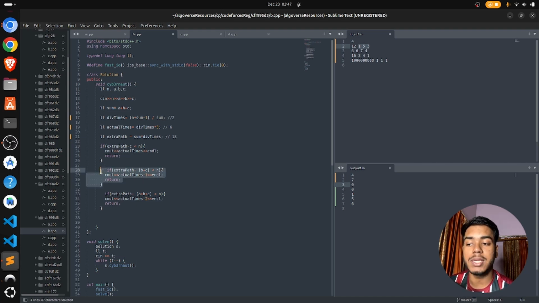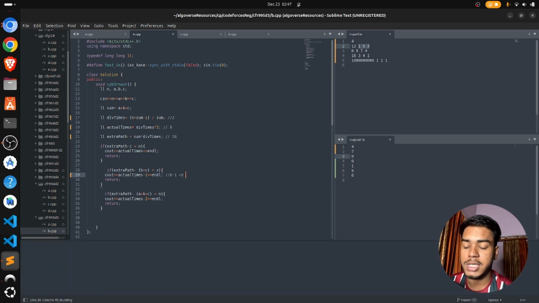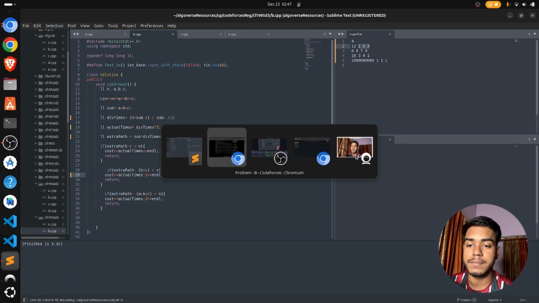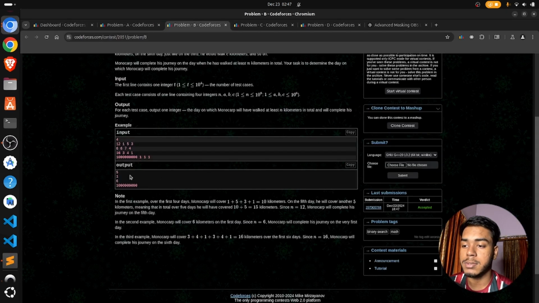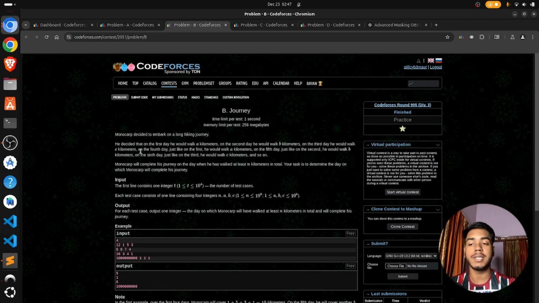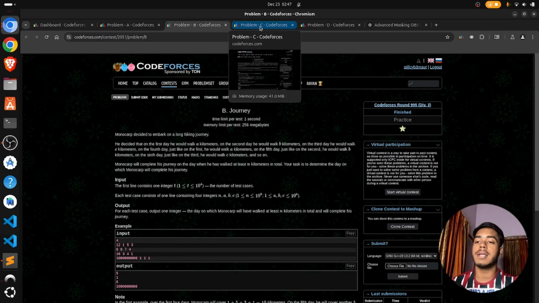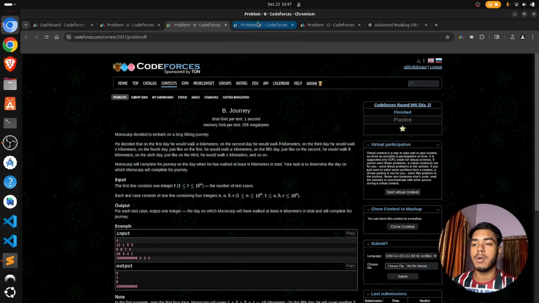So that is why it is breaking at that point, and we output our answer, which is actual times minus 1, here 6 minus 1 equals 5, so we are getting our answer as 5. Here it is also given 5. And yeah, that's the question, that's the solution, that's the explanation, all of that.